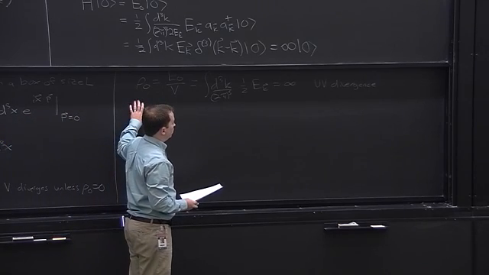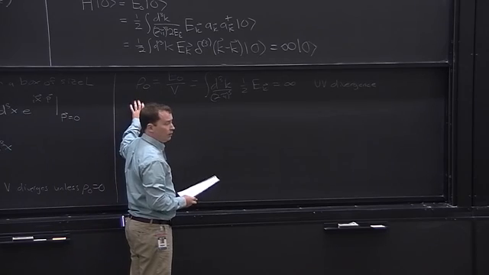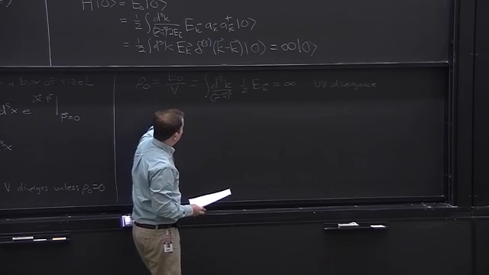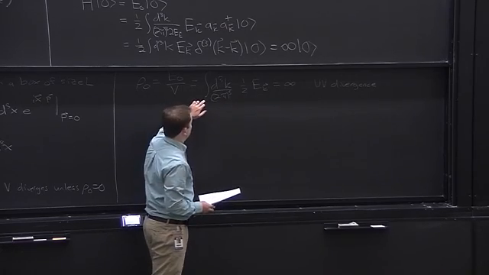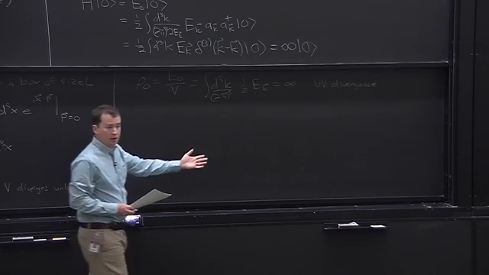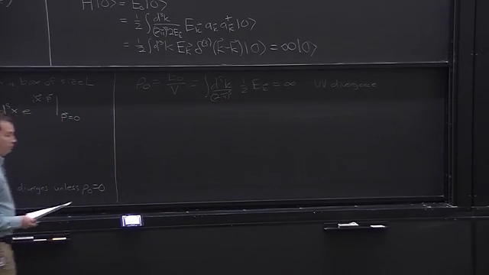There are several ways we can understand them. This is only a real divergence if we trust our theory up to arbitrarily high energy. For most interacting theories, that's a bad assumption.